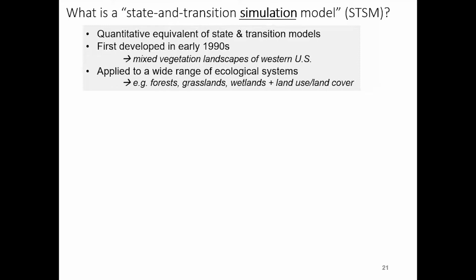And since that time, as you'll see in the examples we show the next 2 days, they've been applied in a really wide range of different systems. I think that's one of their huge strengths, is that they will work in essentially any vegetation community, any two-dimensional vegetation community. You'll see, I'll show you an example in a bit, in 3 dimensions, in wetlands, and we can talk a little bit about how that could work.